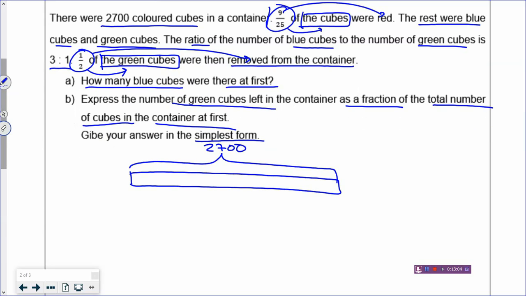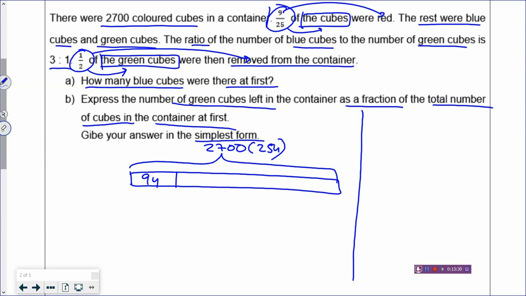And 9/25 of the cubes, so too many boxes to cut. So I put 25 units like that, and 9 units were red. Okay, now one of the tips Mr. would like to give: if you can find important numbers, please go and find the important numbers.